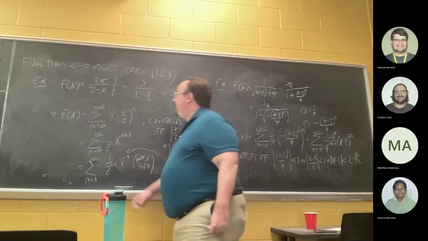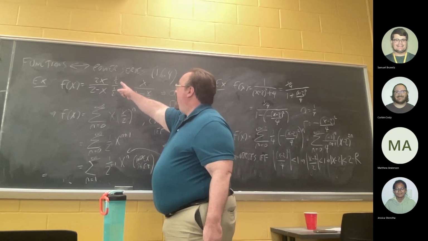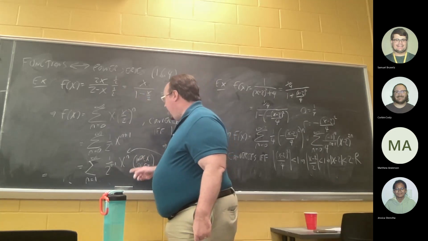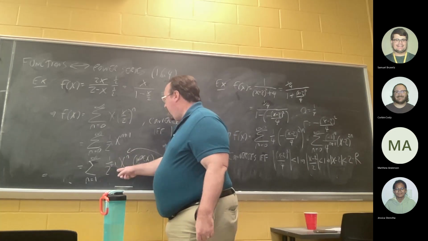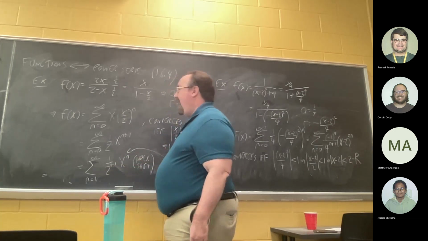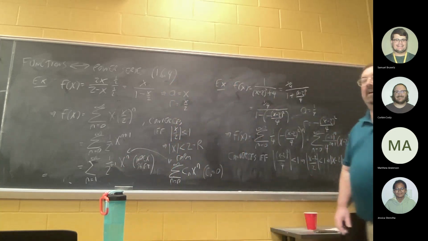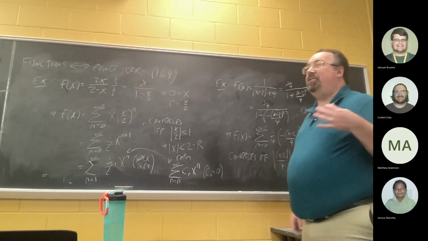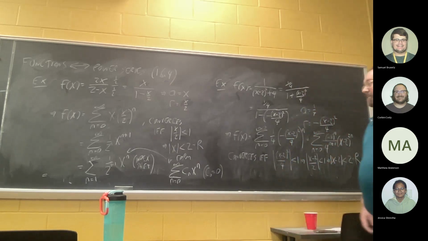So if I multiply this function by, say, x squared, then I have the same series, except I have x to the n plus 2. Now, multiplying by x is easy to handle as long as the center of your series is 0. So that's when you can just shift the coefficients down.